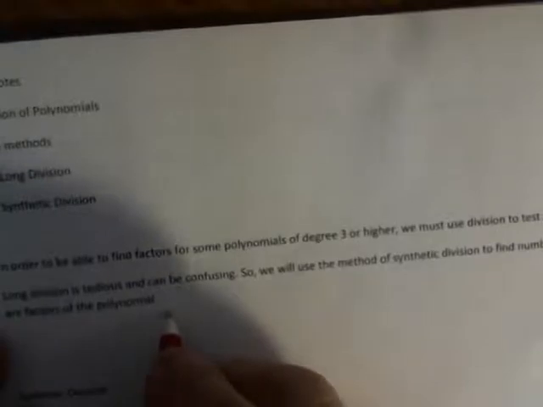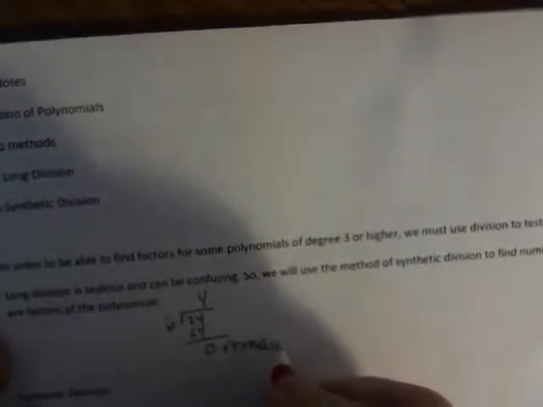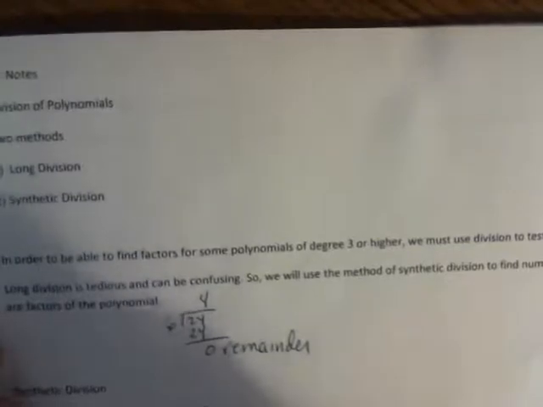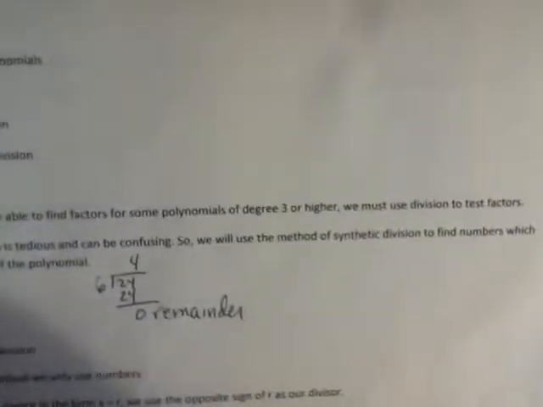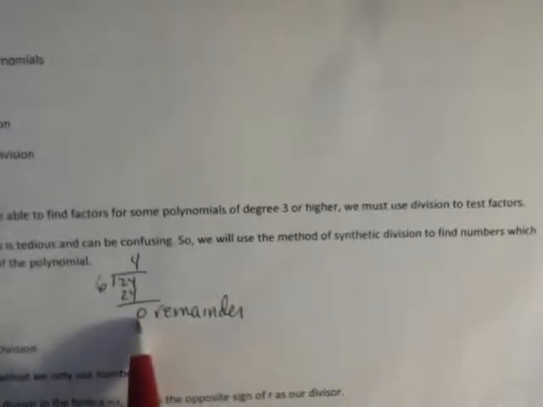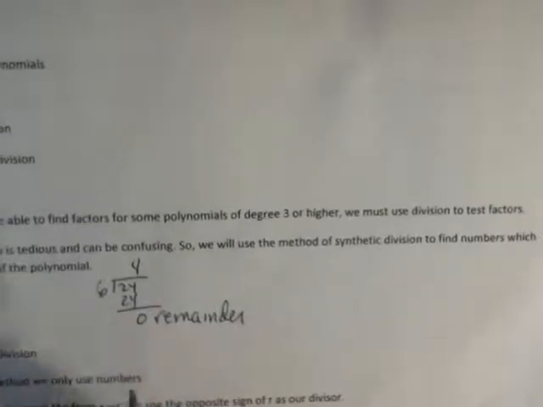So in other words, 6 goes into 24 4 times, and we have a 0 remainder, so we know that 6 and 4 are factors of 24. So that's similar for polynomials. We're going to test factors, or in theory, we're going to test what we call zeros. And if they give us a remainder of 0, then they are a factor and they are a 0.